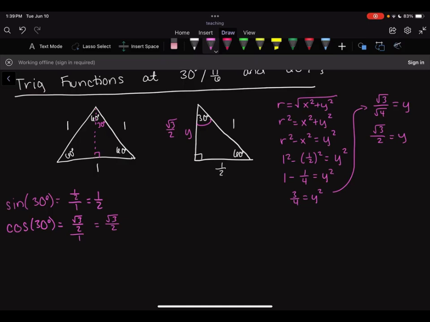Tangent of 30 degrees is opposite over adjacent, so that's 1 over 2 over root 3 over 2. If you simplify this, you'll get 1 over root 3.